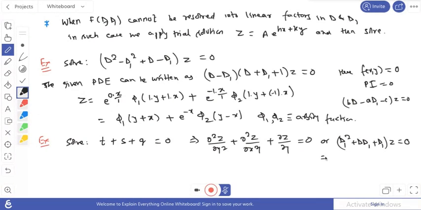Or you can write d1 common, so this is d plus d1, this becomes d plus d1 plus 1 of z equals to 0. Okay, so in this case what is your required solution?